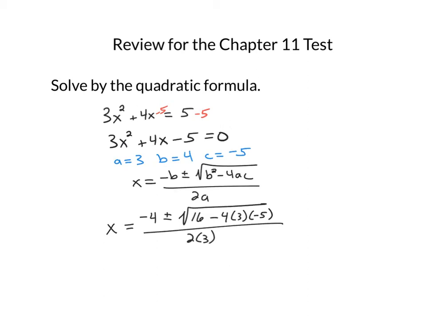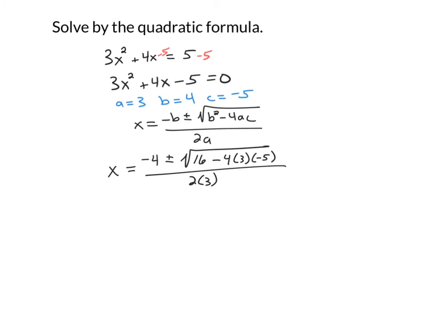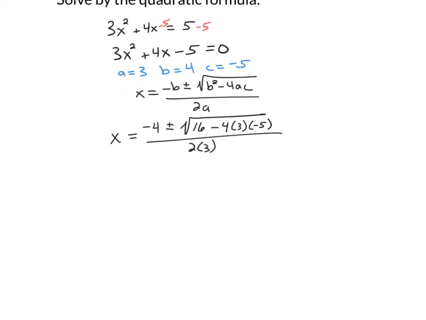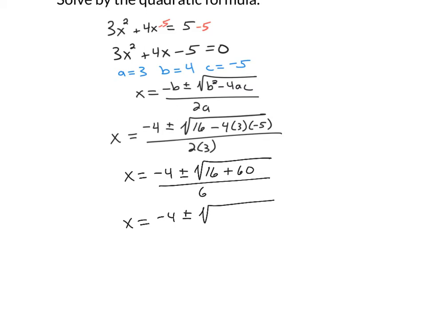Now you need to notice here when I'm subtracting, I've got 2 negatives, so I'm actually going to be adding a number there. So as I continue, I've got x equals -4 plus or minus the square root of 16 plus 60, all over 6. So that's -4 plus or minus the square root of 76, all over 6.